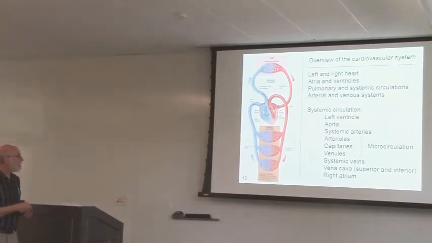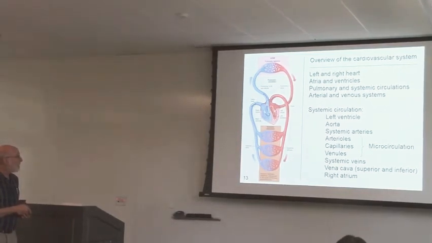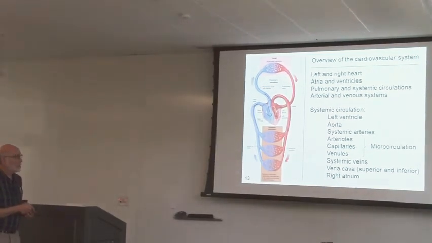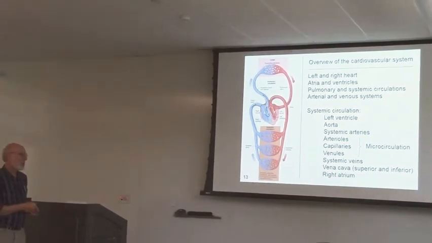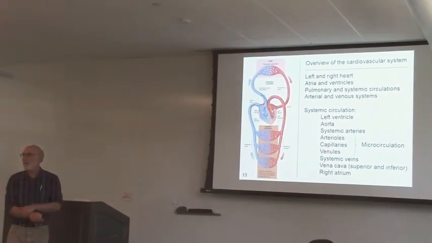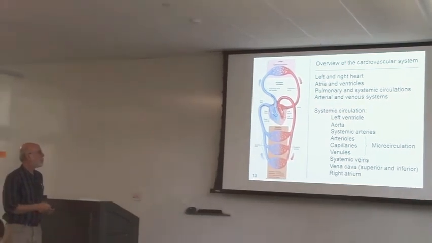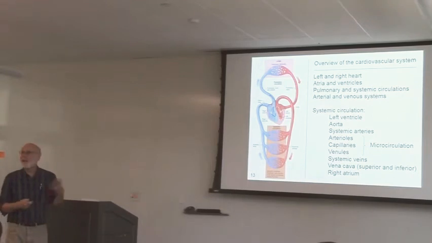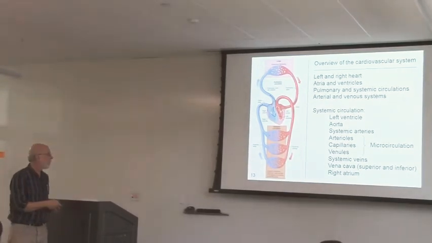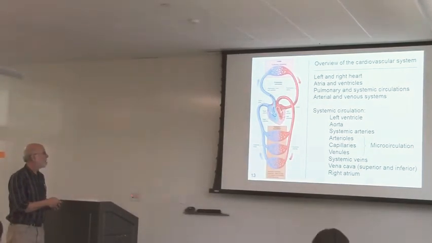The microscopic capillaries then merge together to form tiny little veins, which we don't call tiny little veins, we call them venules, which merge to form systemic veins, which have names, which you will learn, which merge into the major veins of the body.